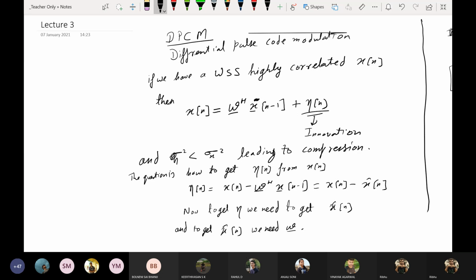So the problem we have at hand is to find these weights such that the variance of eta is minimized. Agreed?